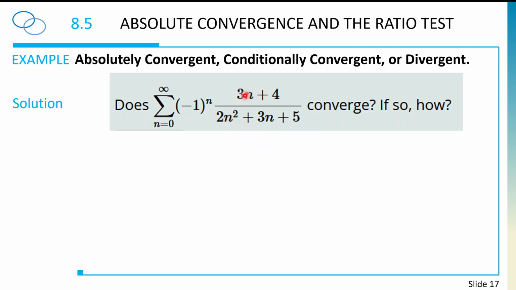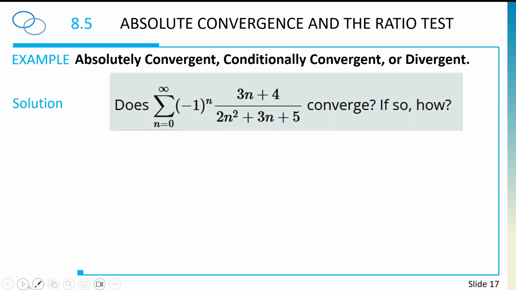Anytime the difference between the degree of the numerator and the denominator is only 1, this one will be conditionally convergent. So this is like a self-check step. Basically you can compare with 1 over n, so it will be conditionally convergent.